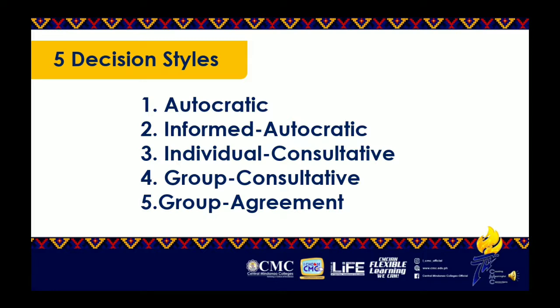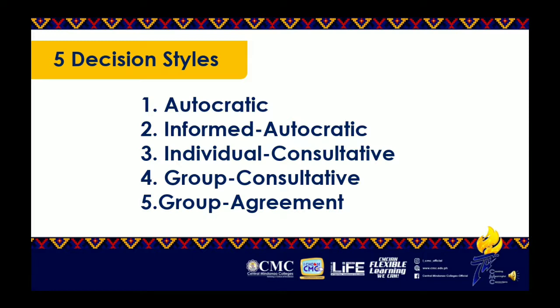The leader shares the problem with group members, solicits their ideas, and makes the decision, which may or may not reflect the influence of subordinates. So in this style, the leader meets with the group to gather feedback and inputs and then makes decisions.